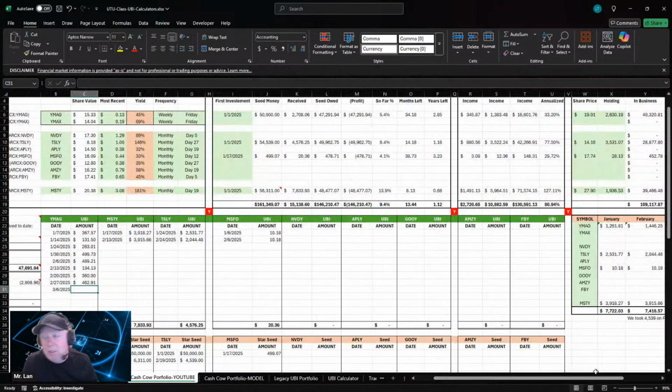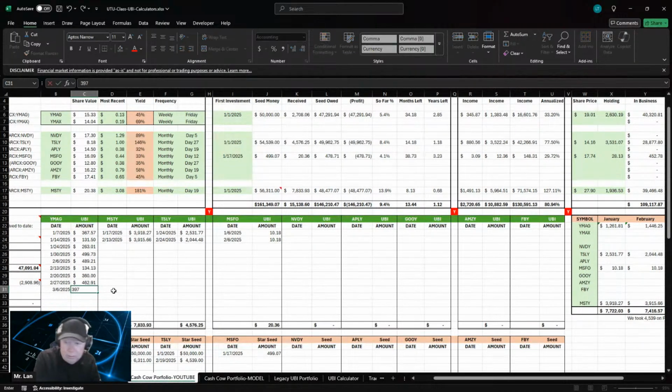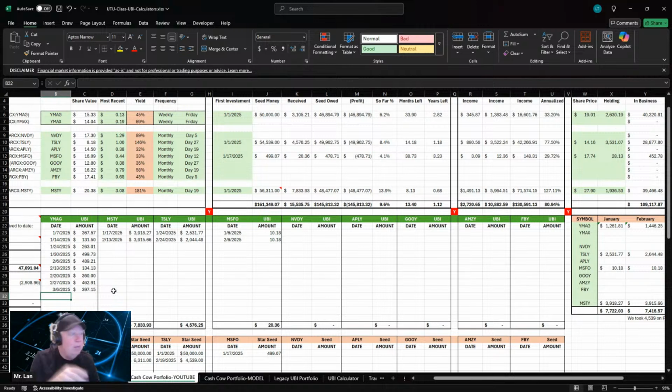We have 2,630 times 0.151 equals. We got $397. Now that's the part that your broker will just tell you. You don't have to calculate that. But we have to do it ourselves. 397.15. All right. So that gets added in automatically up onto the table.